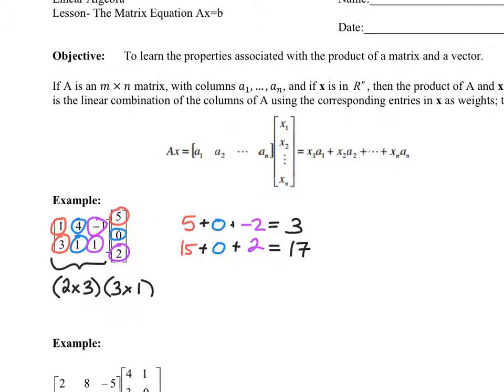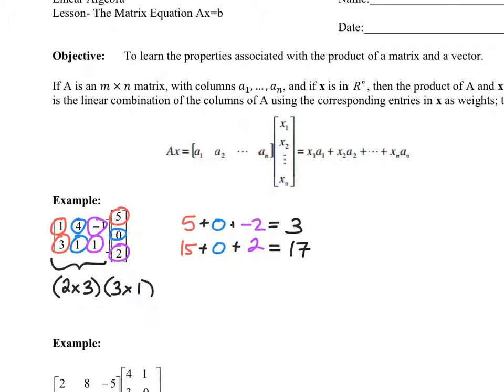It's kind of along the lines of rules of logic, I guess. Like conditional statements. If this, then that. If that, then that. Therefore, if this, then that. So it's basically saying the result should be a 2 by 1.